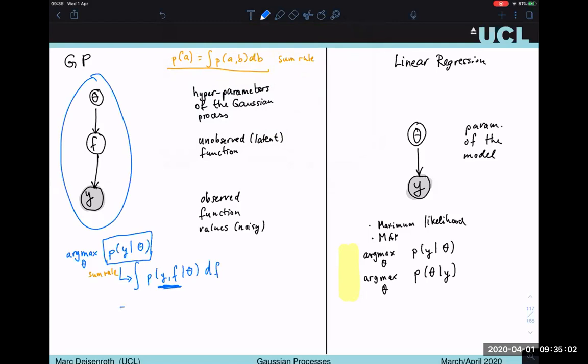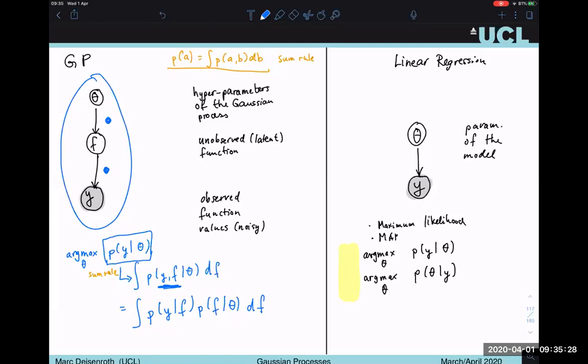So we can now write this as the integral of P of y given f, which would be this arrow here, times P of f given theta, which is this arrow, df. So that would be exactly the same.